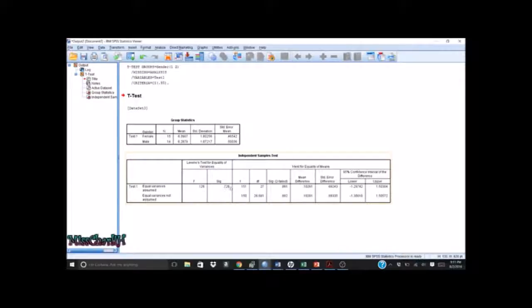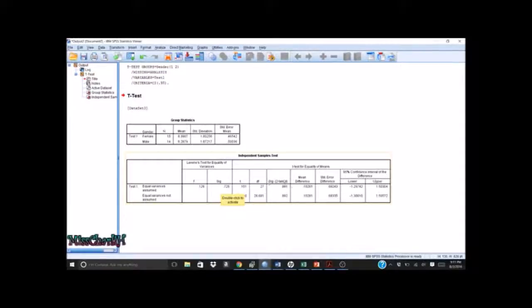In this case, this number 0.72 is actually well above 0.05. We did not break any assumptions, so we are going to assume that they had equal variances in the two different groups. So I'm going to get my information from the top line. My t-score is 0.15 with a degrees of freedom of 27, and my significance is 0.881.